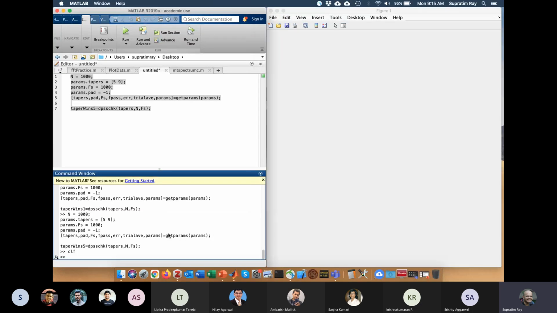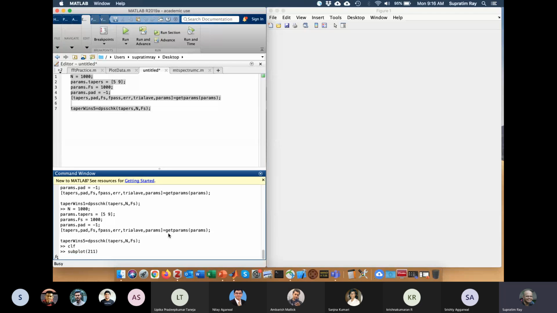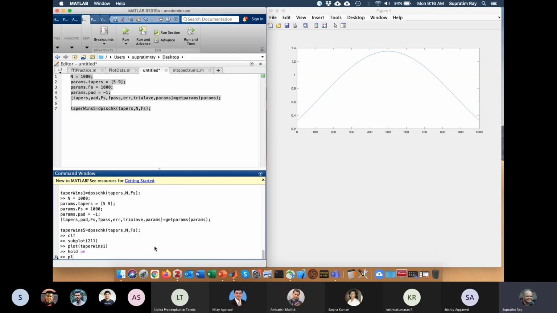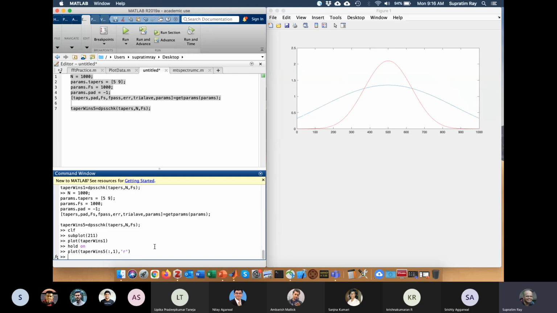Very good. Okay, so subplot 211 and plot taper wins 1. This is when you had a single taper. And now you say, hold on, plot taper wins 5, plot the first one in red.